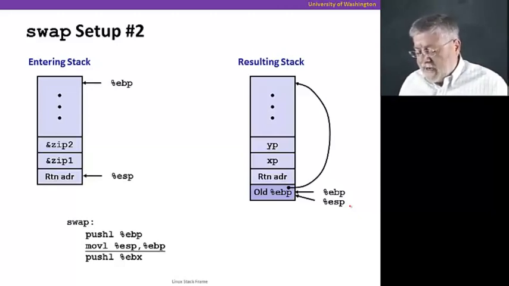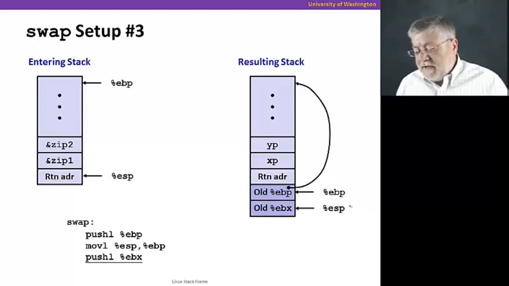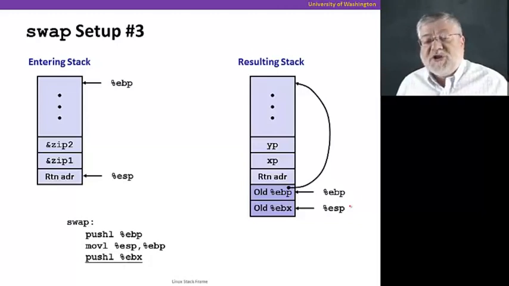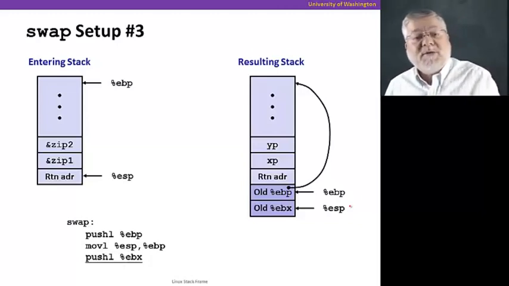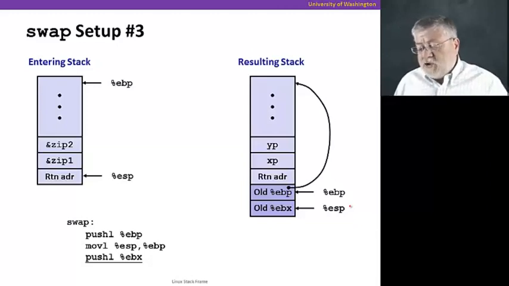Right now both of those pointers are pointing to the same location, the top of the stack. The very next instruction pushes the value of EBX. This is maybe a register that we're going to use inside swap, so we're going to push that value onto the stack so we can restore EBX before we return.